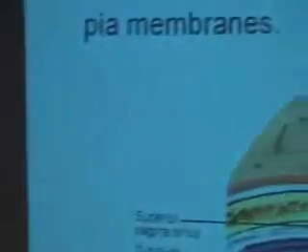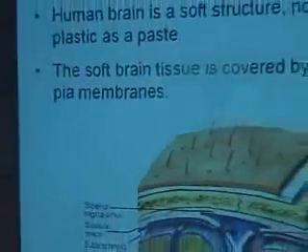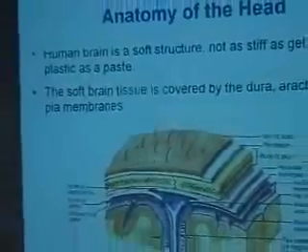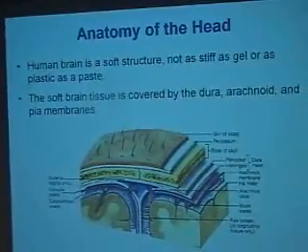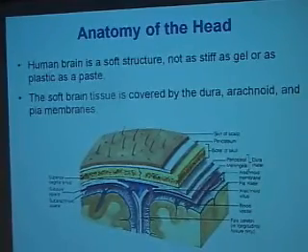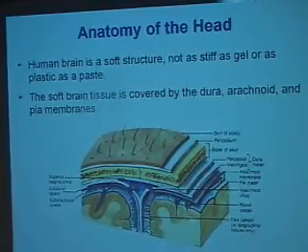So now let me give you some idea about our head. I'm not a medical doctor, so I'm not going to talk about the details of the biology of the head, but just point out a few things that would be useful to understand the issues involved in the simulation. Basically, we want to study the human brain, and the human brain is a soft structure, not as stiff as gel, and not as plastic as paste, but somewhat soft tissue.